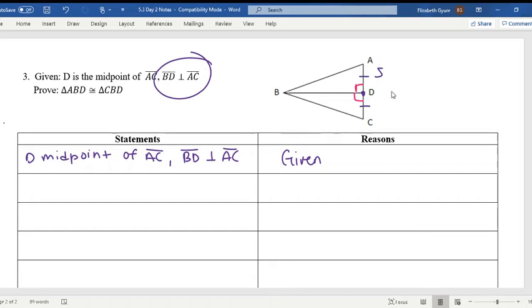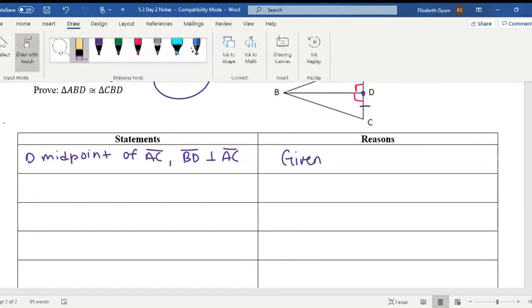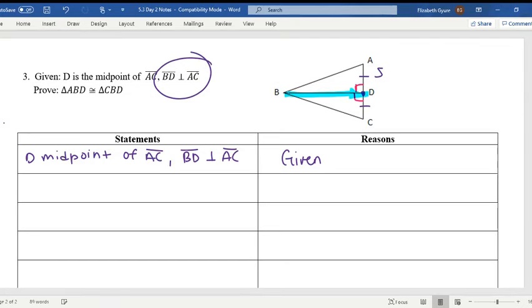But what do we have? Aren't these two shapes connected? Someone besides Al and Colin, what do we have? Yeah, good, Rosalind. Which side is the shared side? Yeah, this one that's kind of in the middle here, right? We would call this line BD.